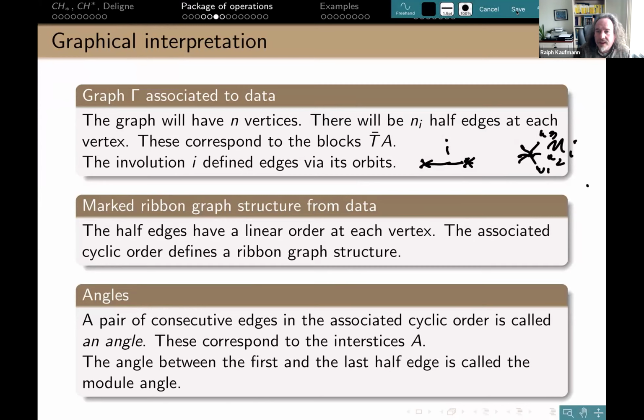Of course, if I have a linear order, I have a cyclic order. So that already makes the thing into a ribbon graph. I call the things in between here angles. So this is where the Ai would go. A0 would sit in here, the Wn would sit here. But I'm just extracting the combinatorial thing. I'm not decorating at the moment.